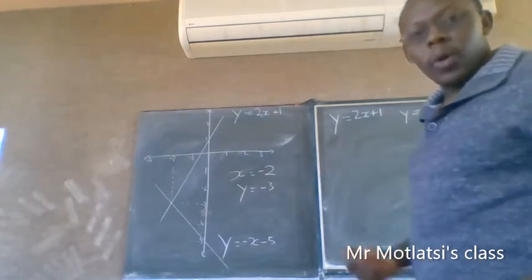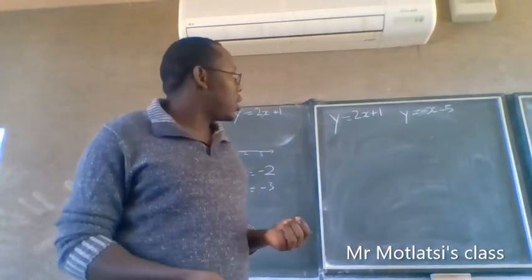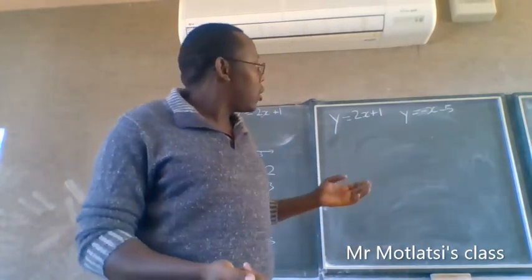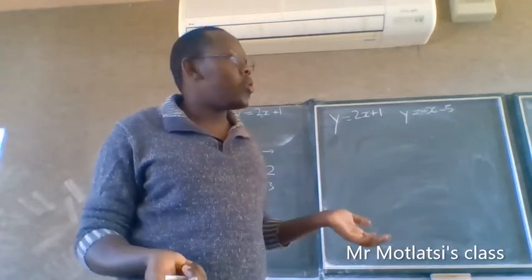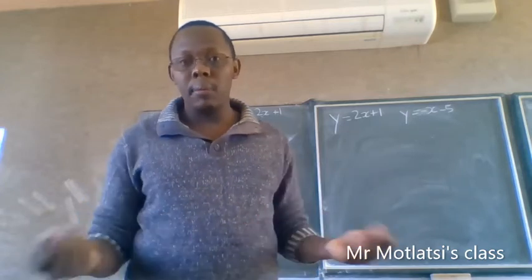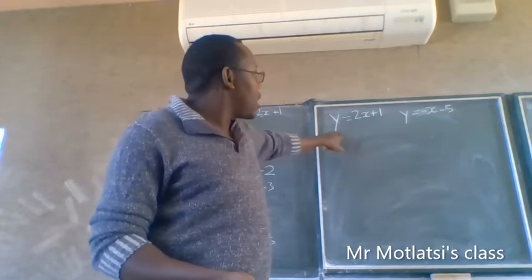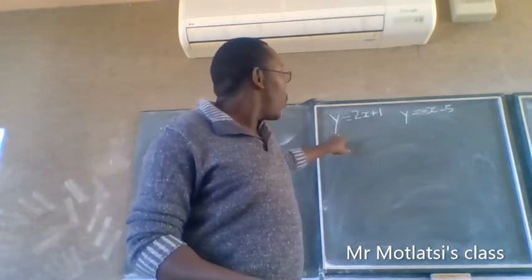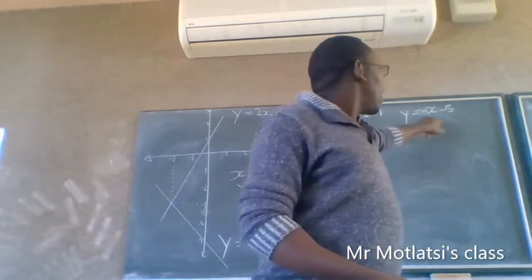The method I'm going to use here is substitution. You look at the simplest equation and try to solve it, maybe x is equivalent to something, or y is equivalent to something. In this case, both of them already state that y is equivalent to something: y equals 2x plus 1, and y equals minus x minus 5.